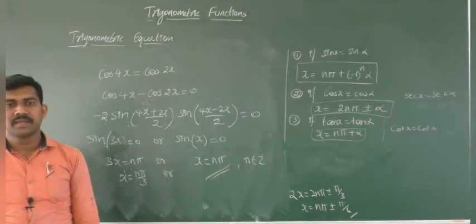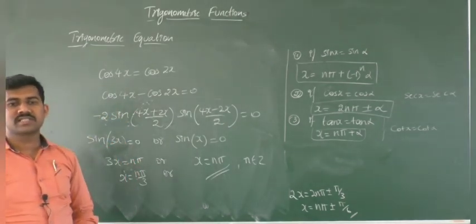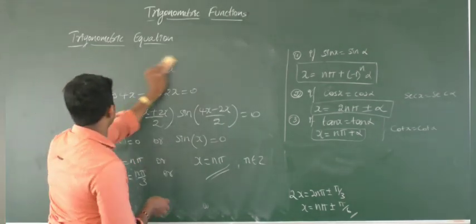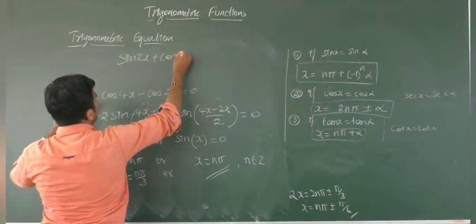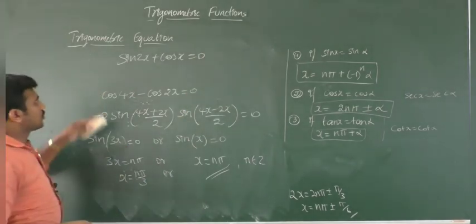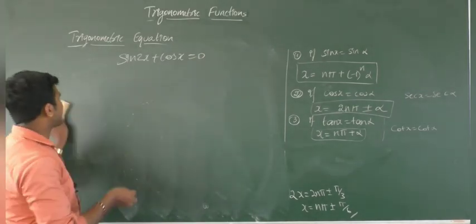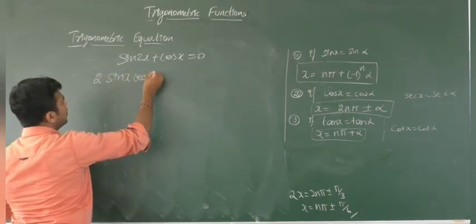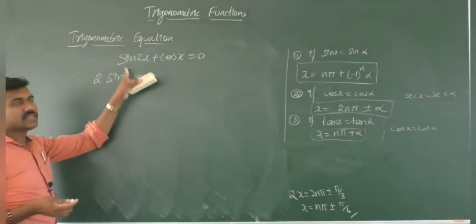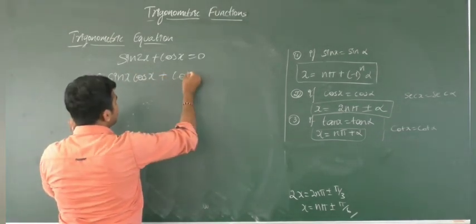Now similarly we have the next question: sin 2x plus cos x is equal to 0. Find the general solution. In this case, sin 2x can be written as 2 sin x into cos x, because we need it in terms of cos. So 2 sin x cos x plus cos x is equal to 0.